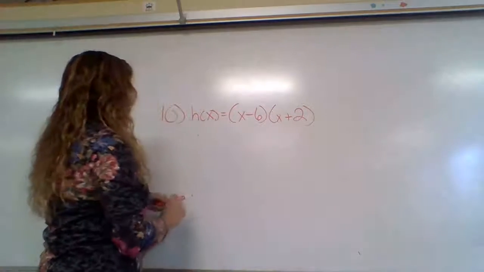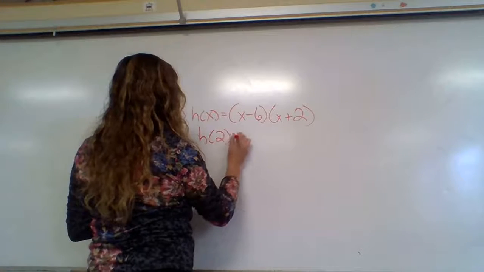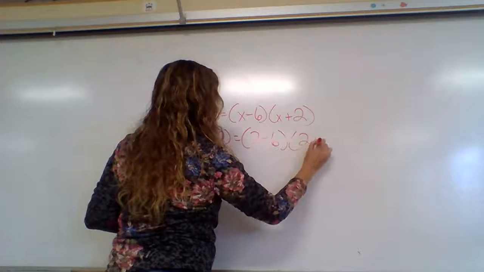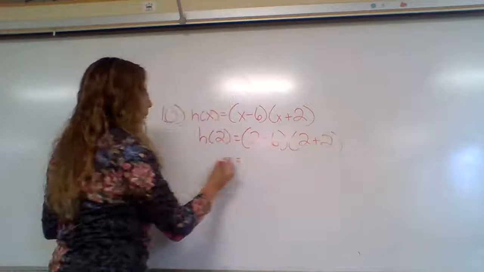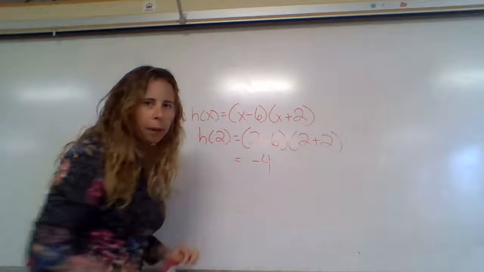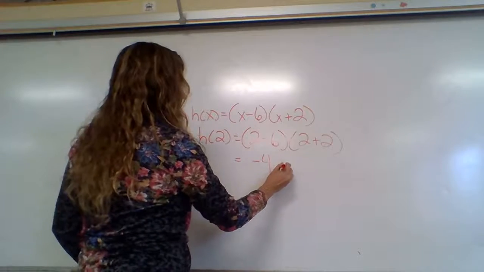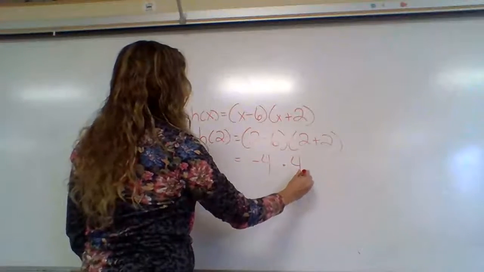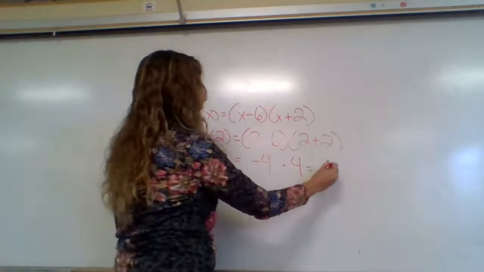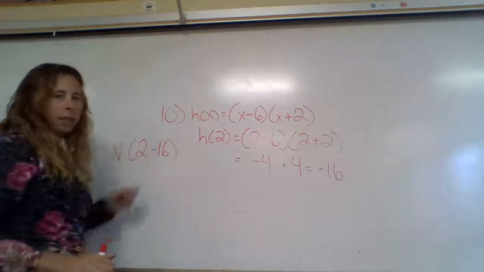So you're going to substitute 2 into your original equation. 2 minus 6 is negative 4. And then times 2 plus 2 is positive 4. So negative 4 times positive 4 is negative 16. So that is your vertex, 2, negative 16.